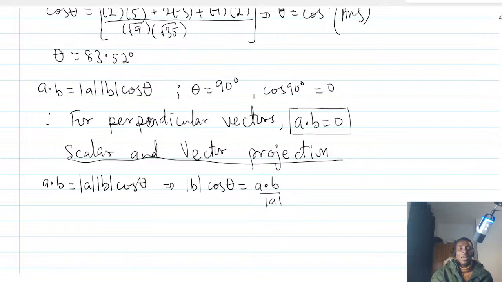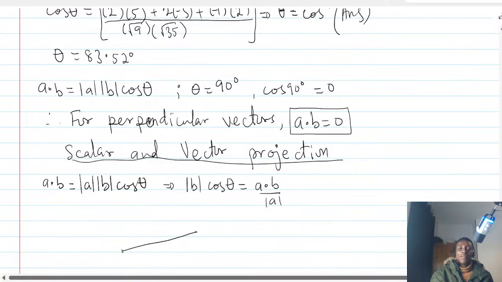But what is the significance of this? Let's say you have two vectors.